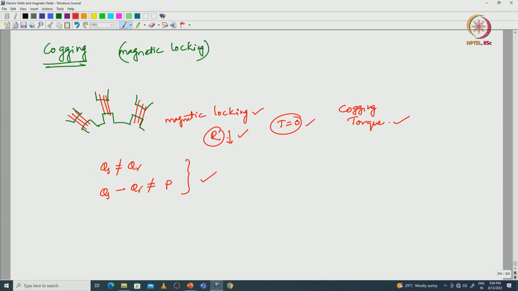Similarly, slot harmonics or synchronous cusps are nothing but the slot harmonics that will generally occur in the machine because of the huge variation in the reluctance.